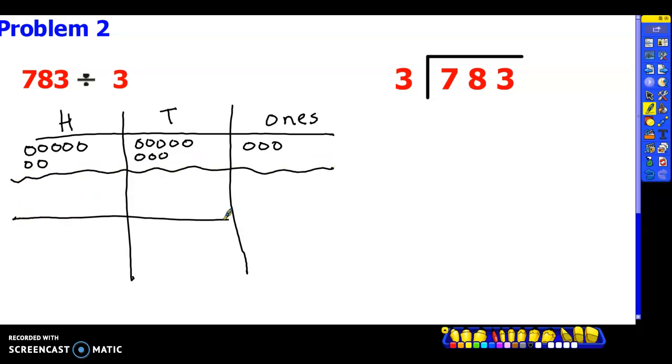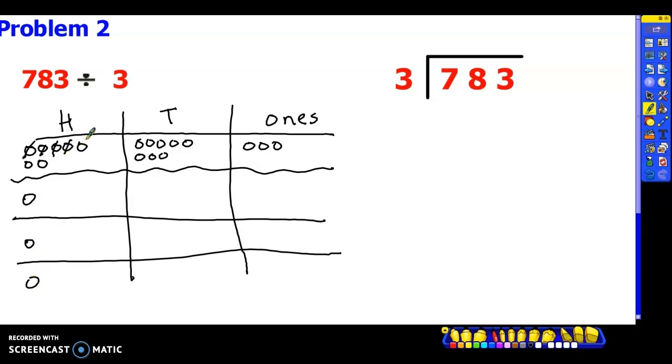Alright, and I'm dividing those into 3 groups. Alrighty here, so I have 1, 2, 3. Put them down in the groups.